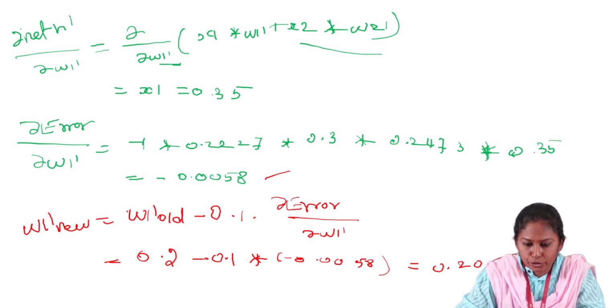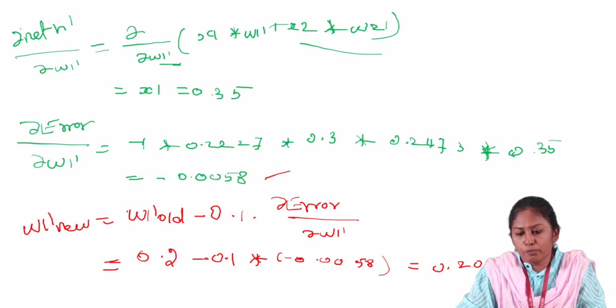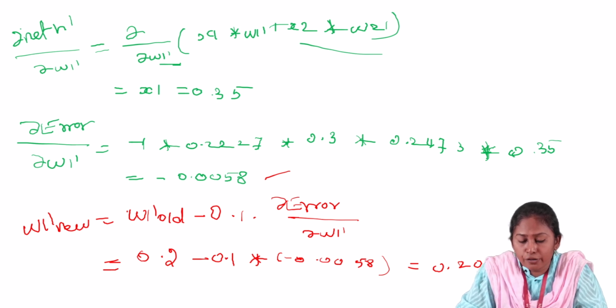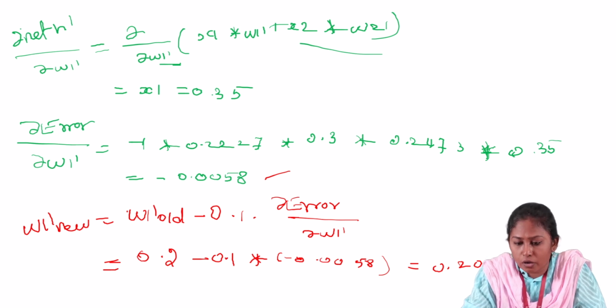The original value of our W11 is 0.2, so after the updation, see, a very minute updation. As the error, the target minus the predicted value, is minimal, the updation in weights is also minimal. Otherwise, we can see a considerable change in the new weights.